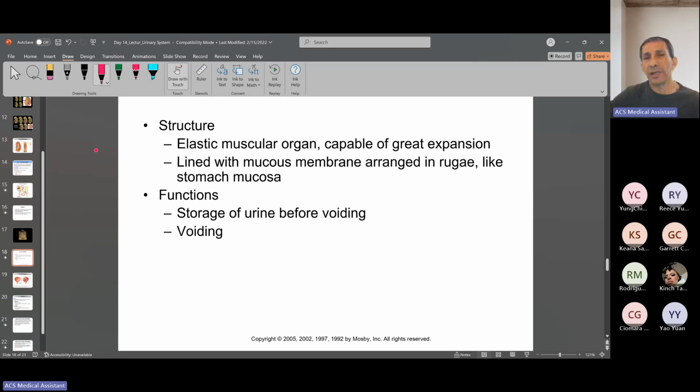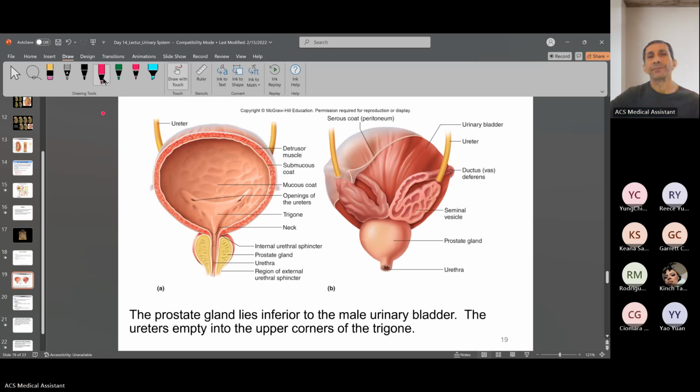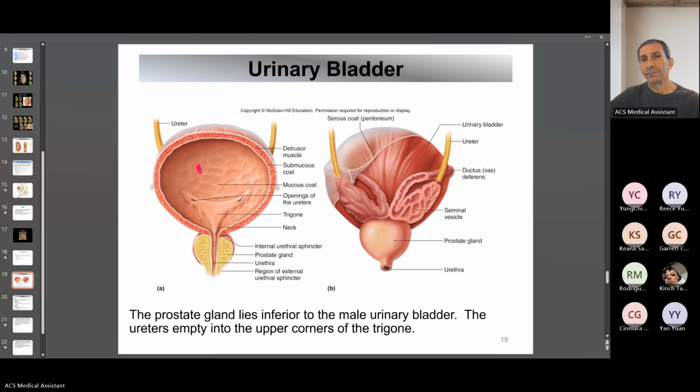So here we have the urinary bladder. Now remember, this is a frontal cut of the urinary bladder because we cut it front and back. So here we see the back of the urinary bladder. This is the back.